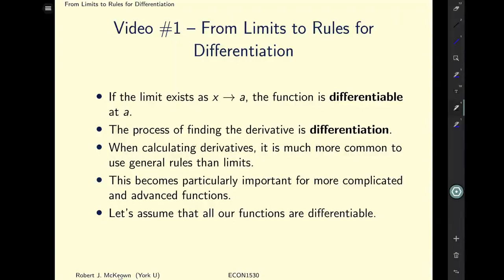That's a little bit abstract, but we're going to assume that a derivative exists for all of the functions in all the videos in this series of calculus with advanced functions. So we can assume that all functions are differentiable, right? This suggests that sometimes functions are not differentiable, or they're not differentiable at a certain point, but you don't have to worry about that, not in this section.